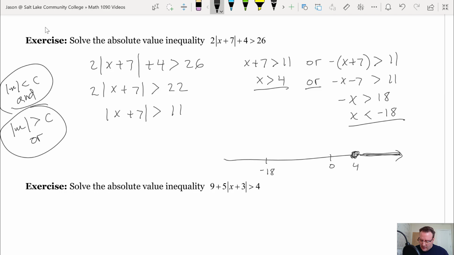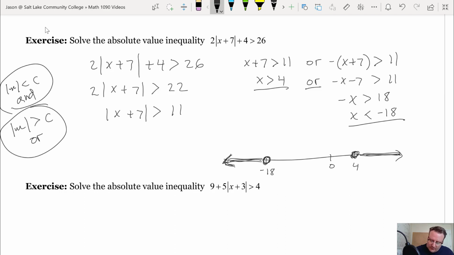And then I want, so x is greater than 4 or x is less than negative 18. So we don't want to include 18, so we do an open circle there and shade in everything less than negative 18. Okay. So graphically, that would be our solution set.